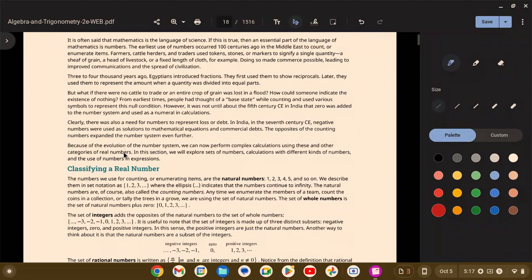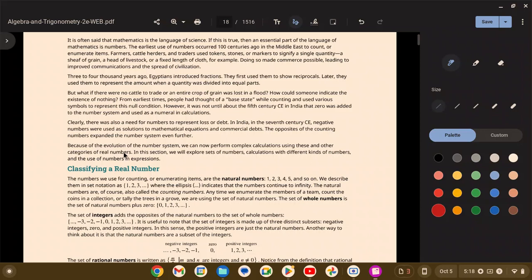Okay, sorry. If this is true, then an essential part of the language of mathematics is numbers. The earliest use of numbers occurred 100 centuries ago in the Middle East to count or enumerate items. Farmers, cattle herders, and traders used tokens, stones, or markers to signify a single quantity, a sheaf of grain, a head of livestock, or a fixed length of cloth, for example.